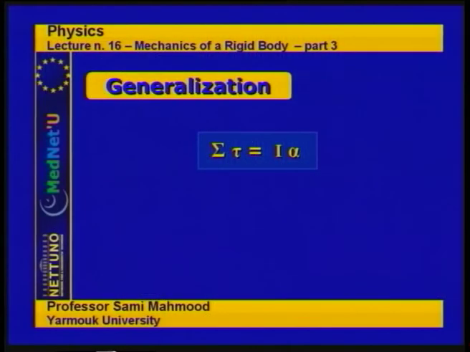What if the object is acted upon by different forces, each one of them introducing a torque, as we saw in the case of the rod acted upon by 5 different forces?